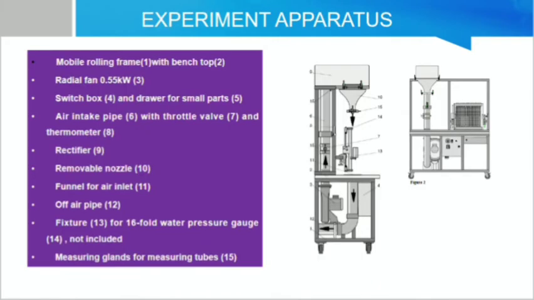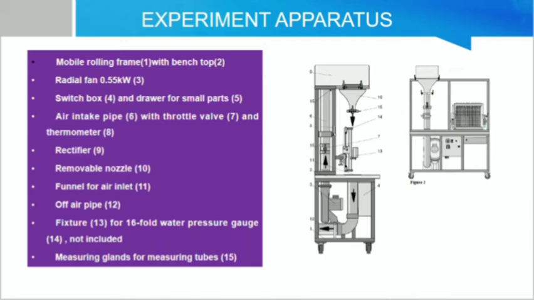Okay. This is our experiment apparatus. The main apparatus is the airflow bench, and as you can see on the right side, there are numbers labeled according to the names. First, the mobile rolling frame.